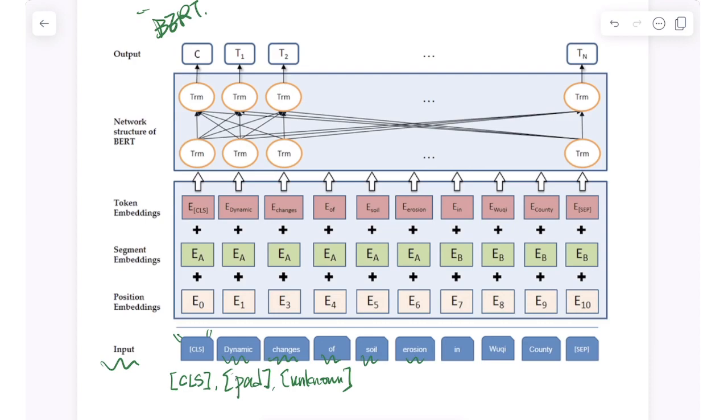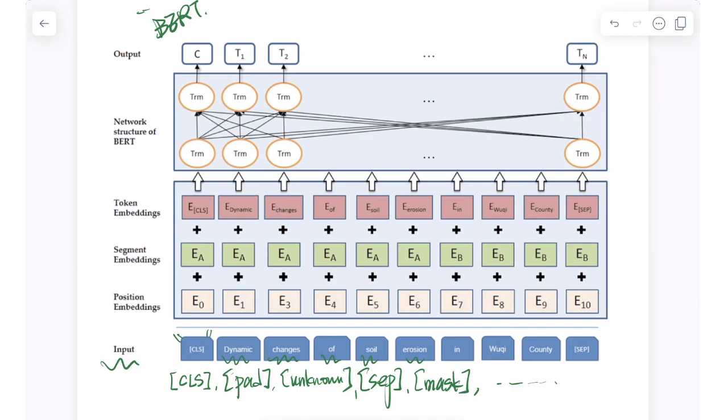Okay, and again we have SEP. That means separate. If your input contains two or more sentences, you use SEP to separate the sentences. Okay, and we have mask. We will talk about mask later, and so on and so forth. There are a lot of tokens, but we use these tokens more often, and we have ordinary words in the dictionary. Okay, that is the original input.